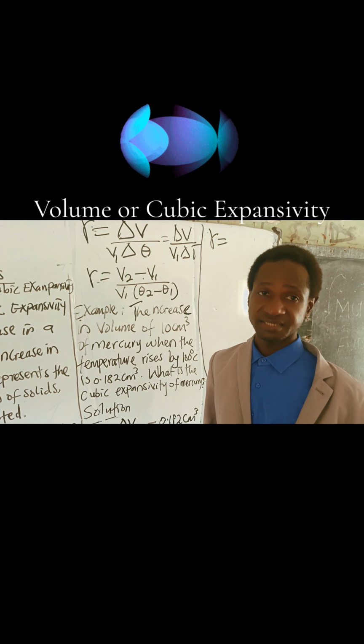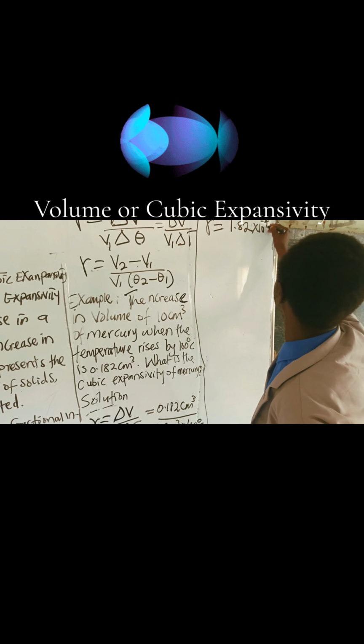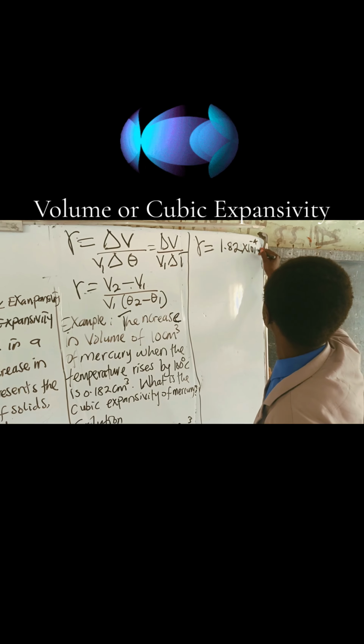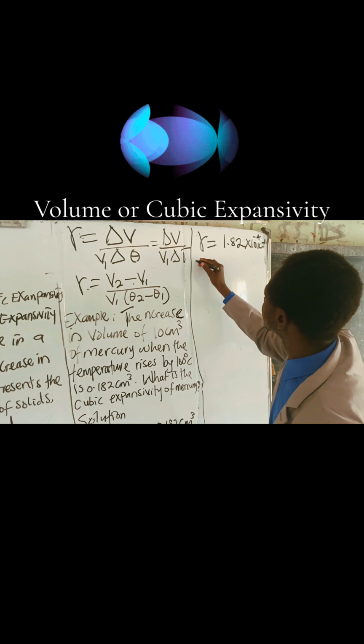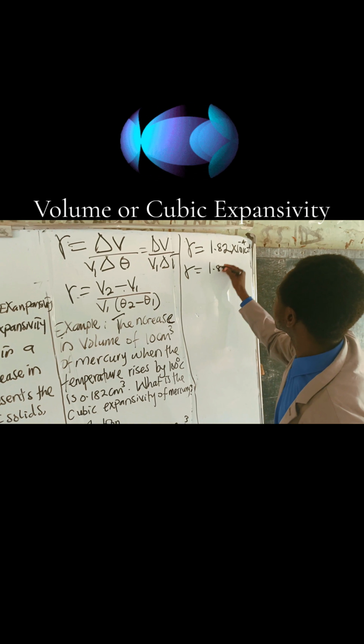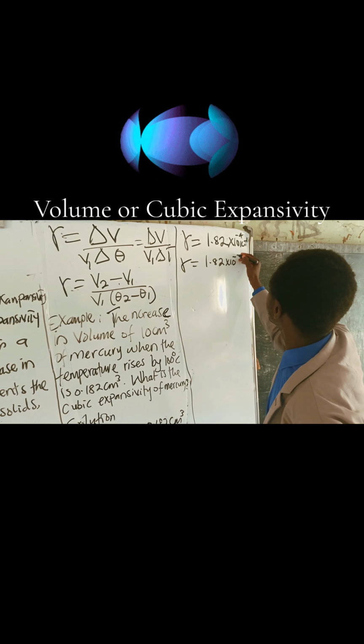Converting this decimal to standard form, we have 1.82 times 10 to the power of minus 4 per Kelvin. So the cubic expansivity is equal to 1.82 times 10 to the power of minus 4 per Kelvin.